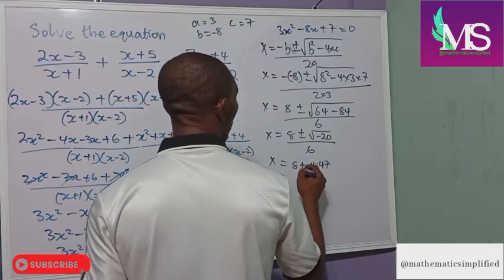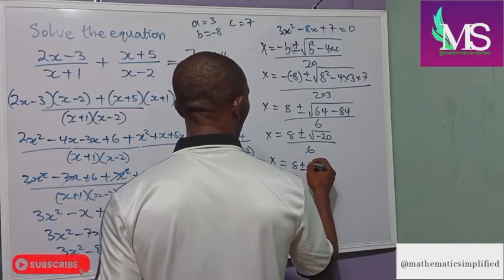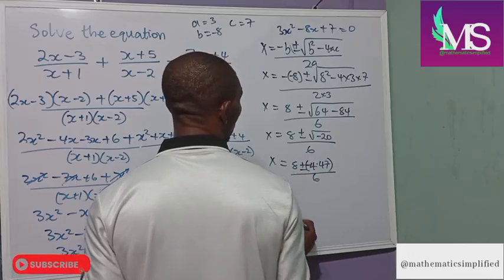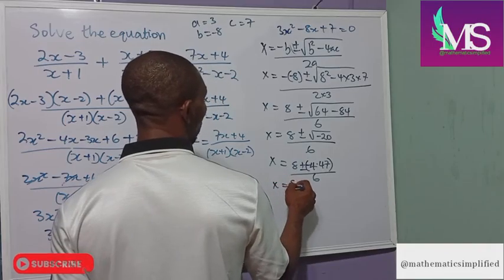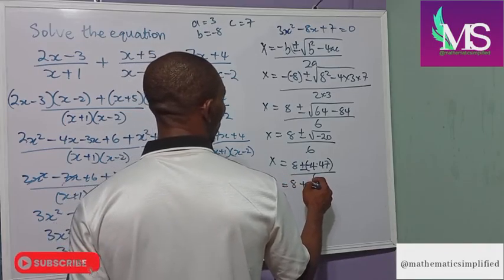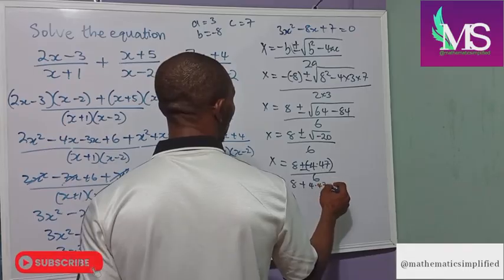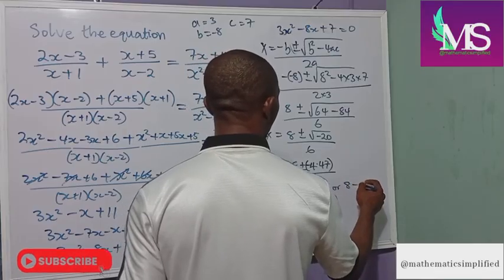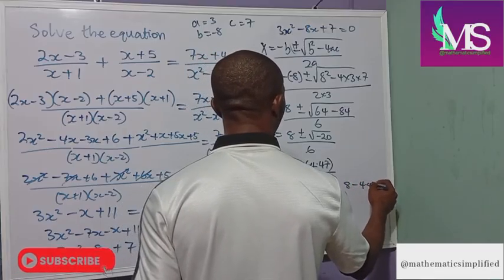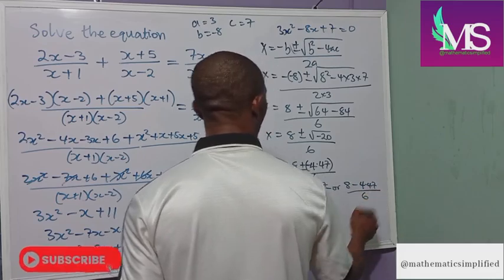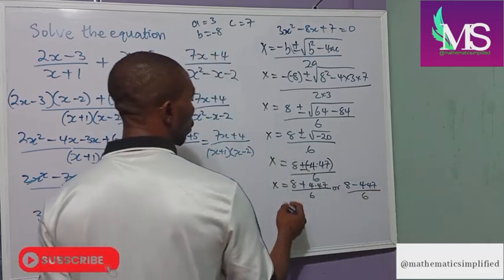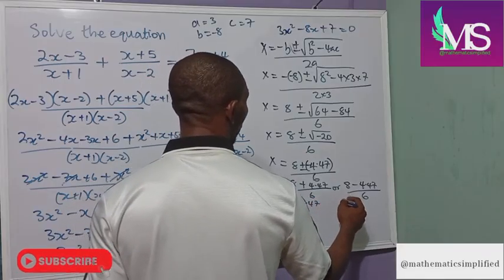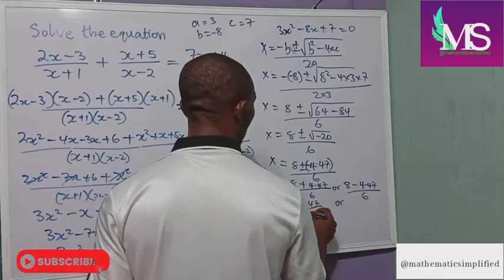So x equals 8 plus 4.47 over 6, or 8 minus 4.47 over 6.